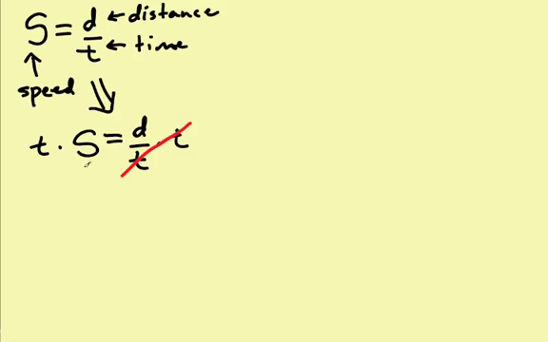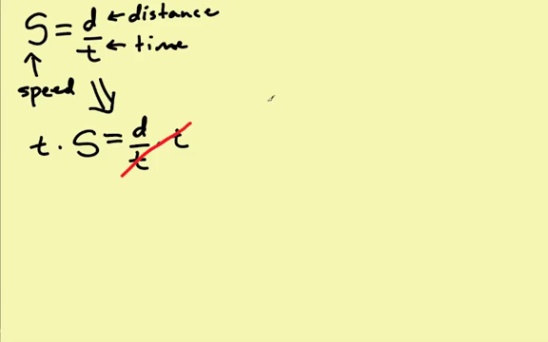So if you were to put in a speed, whatever that number is, 60 miles per hour, 600 miles per hour, 5 feet per second, whatever that speed is, whatever the rate is, plug it in, multiply it times the time, and you'll figure out how far something has traveled.